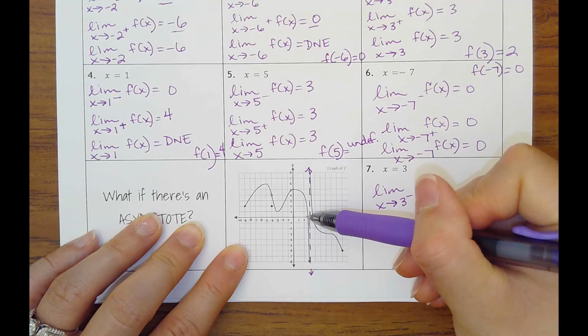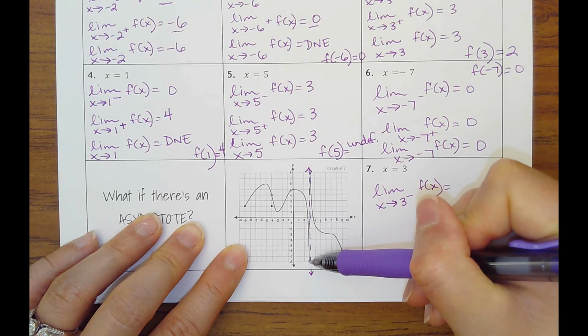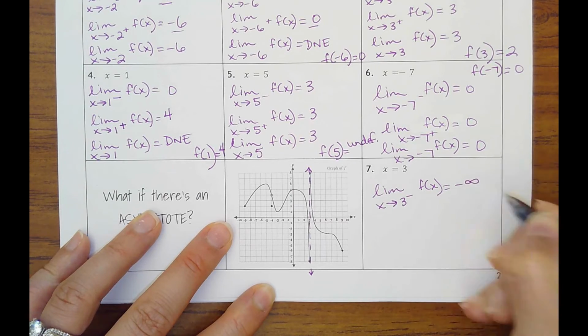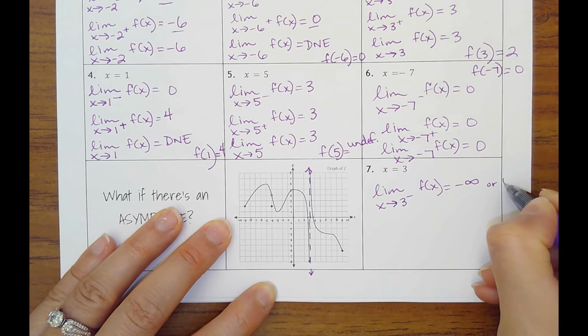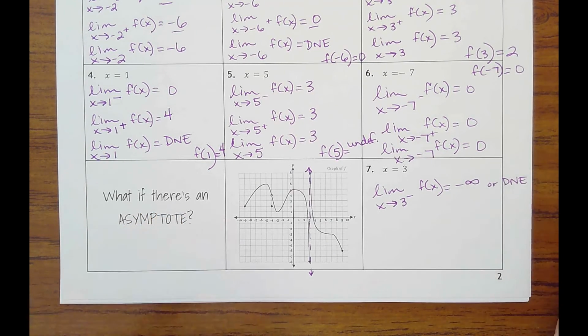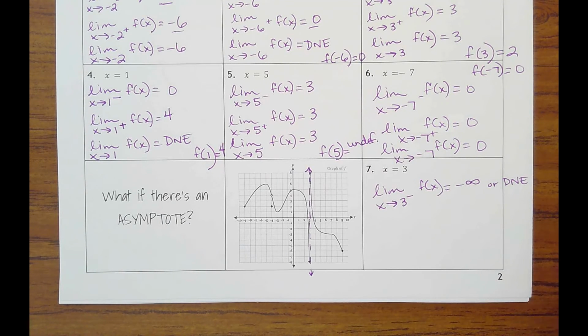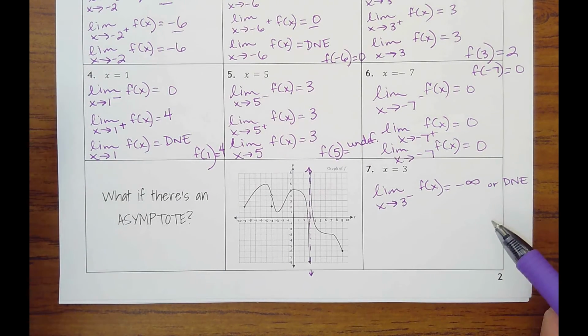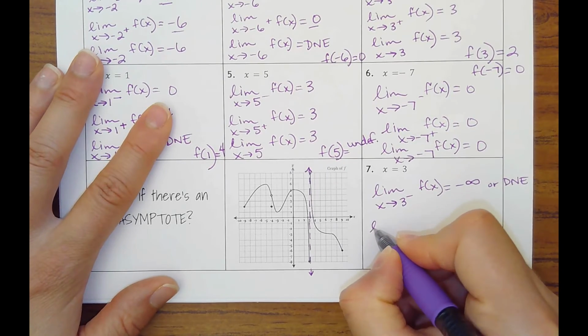So I'm going to keep going down and down forever. So I can say that this approaches negative infinity, or I think Delta Math will take a does not exist on that, because infinity is not an actual value. It's not a numerical value we can label, right? So it'll take either answer. For one-sided limits, I kind of like the infinities, honestly, but either one.